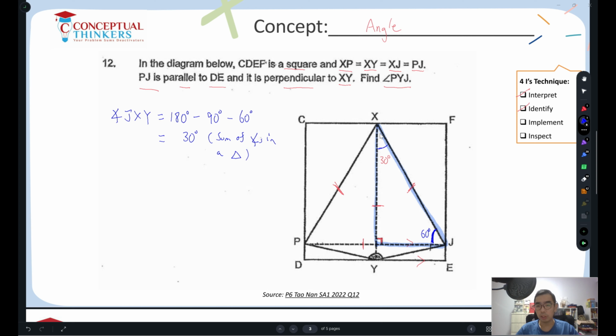Now I'm going to change what I'm looking at. Instead of looking at this blue triangle, I'm going to erase the highlighting of this. Let's focus on another triangle. Let's use another color, this triangle here.